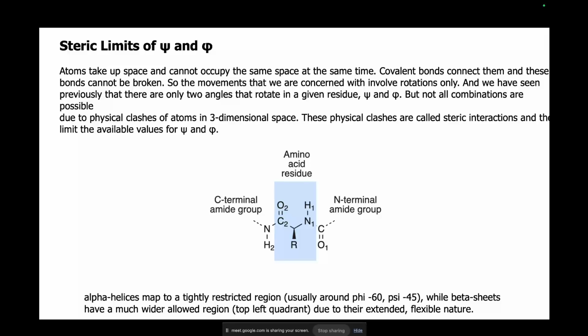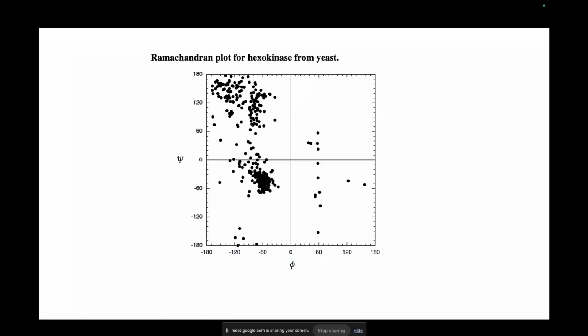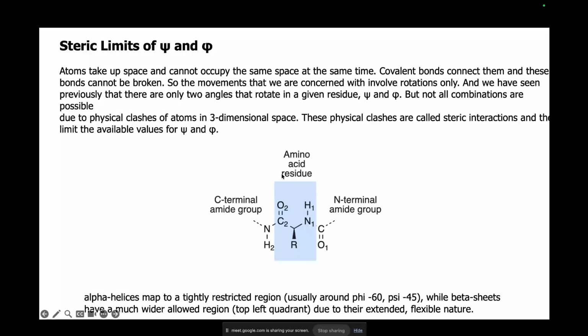Alpha helices map to a tightly restricted region, which is usually around phi negative 60 and psi negative 45. So phi negative 60 and psi negative 45 would be somewhere here. So these are all your alpha helices. The residues that are clustering at this level, this is your alpha helix, while the beta sheets have a much wider allowed region, top left quadrant, due to their extended flexible nature.